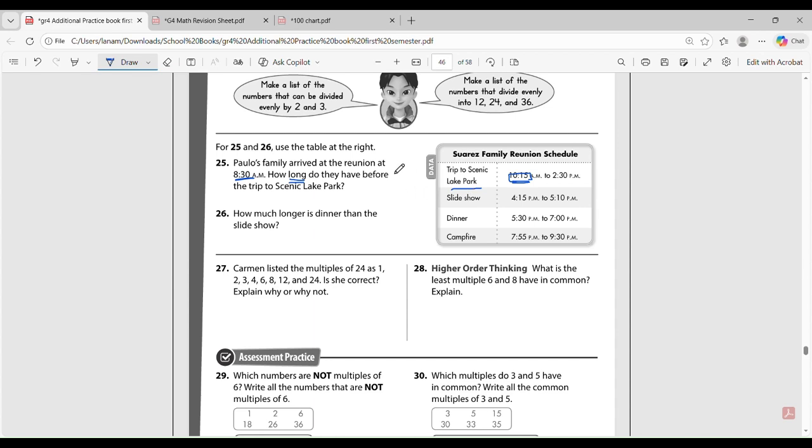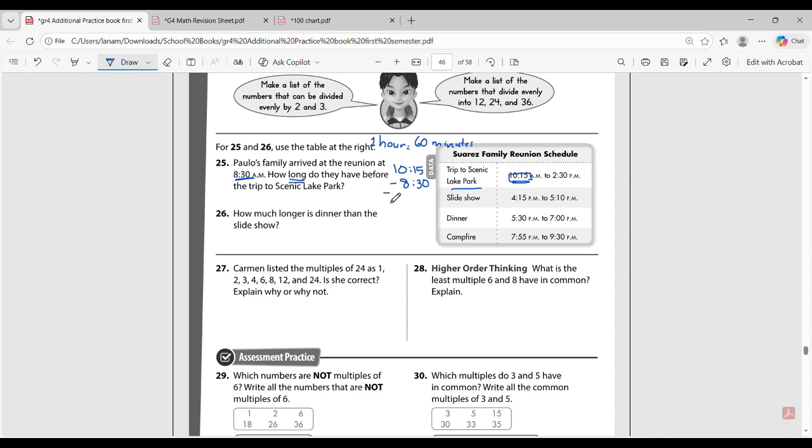When we need to find the duration of time, we put first the end time, the end of the waiting time, and the start, the smaller number. Now keep in mind that when we're talking about time, each 1 hour is equal to 60 minutes.